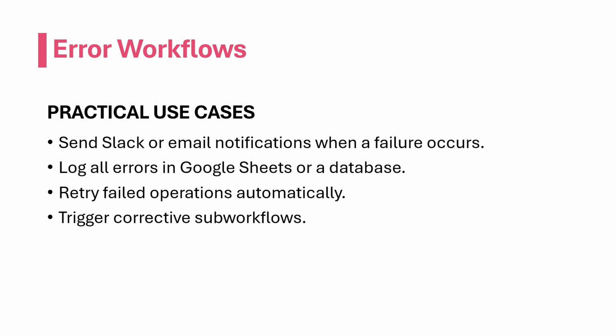Here are some great ways to use error workflows in real projects. First of all, you can send Slack or email notifications immediately when something fails, so your team can act quickly. Or you can log all errors in a Google Sheet for review. Some advanced setups even trigger a sub workflow. For instance, if an API request fails, you can retry it after a few minutes automatically.